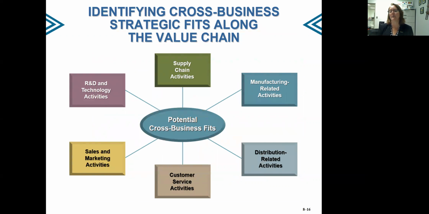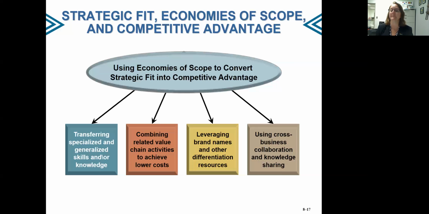Some areas where you can see potential for that cross-business fit: R&D, research and development and technology activities that you can share, supply chain activities, manufacturing related activities, distribution related, customer service activities, or sales and marketing activities. Each of these 6 can have a huge value advantage if you study it well and you match up with a company that can complement your own.